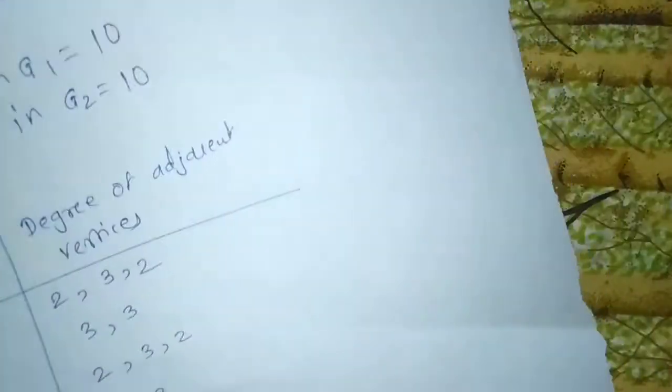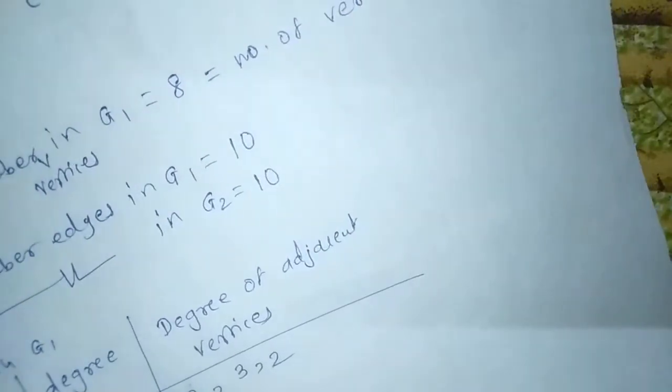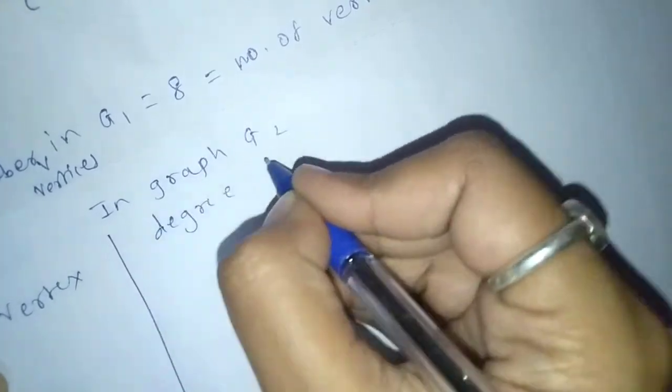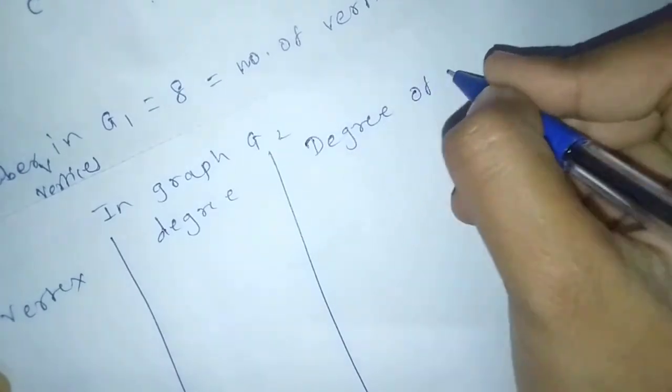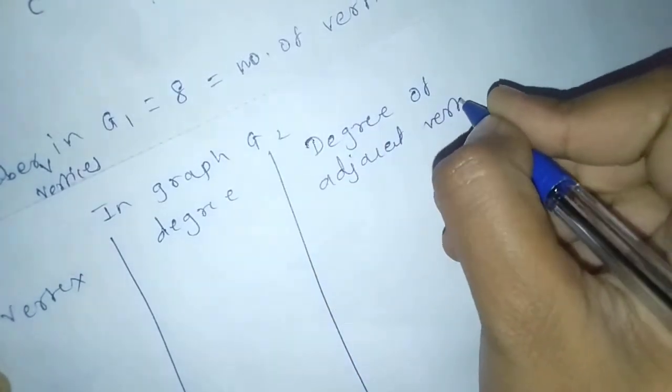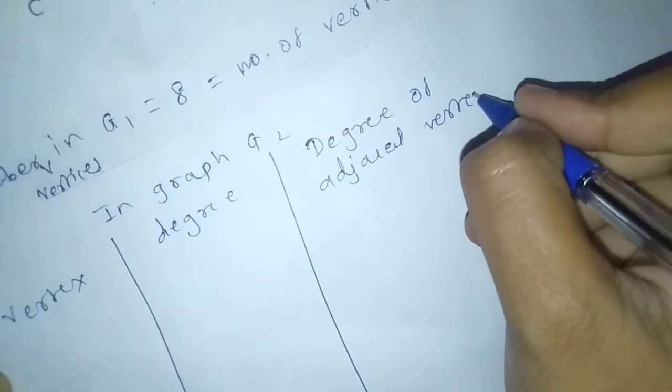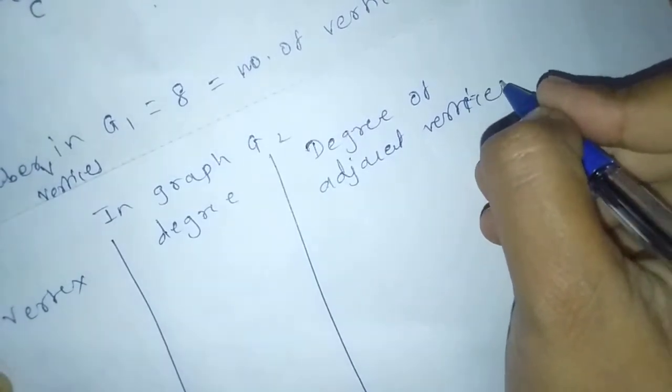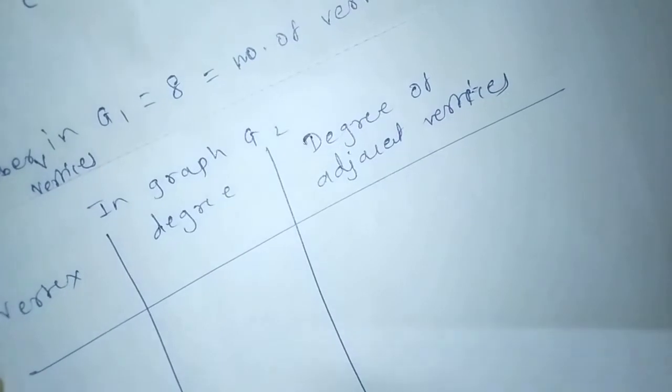Okay. Now for the graph G2, first write down vertex, next degree, next degree of adjacent vertices. This is your homework.